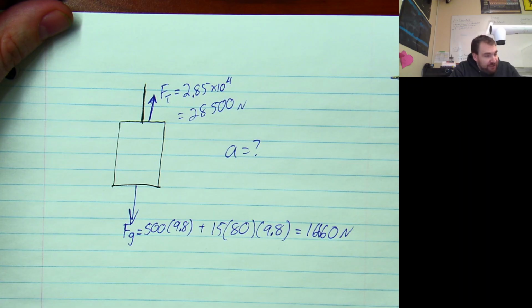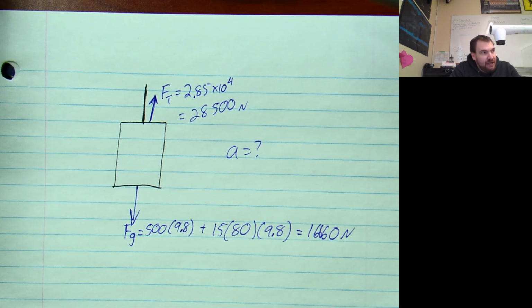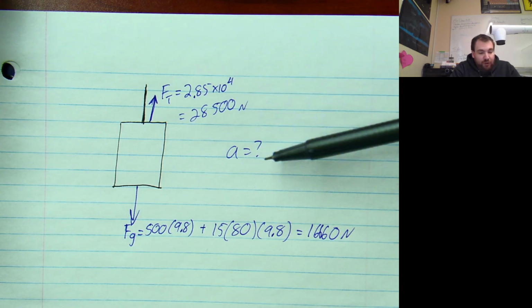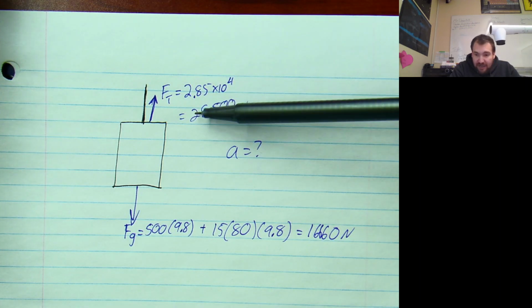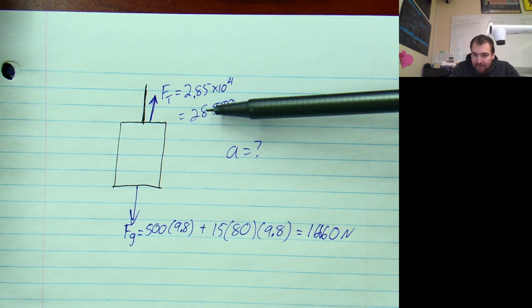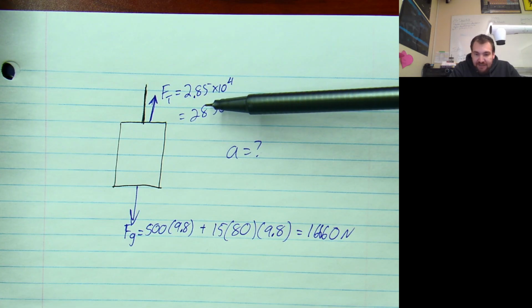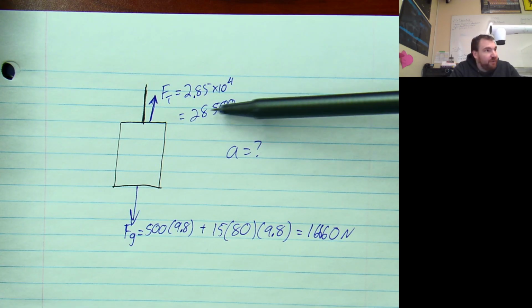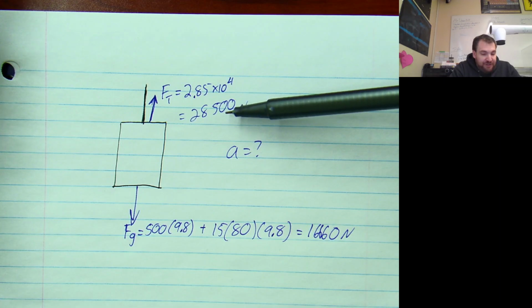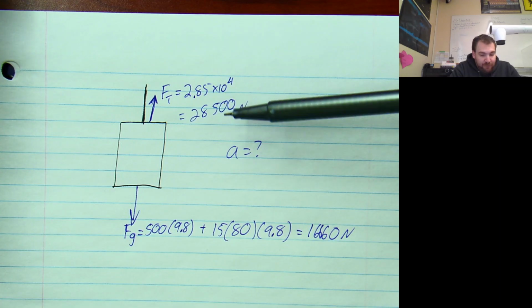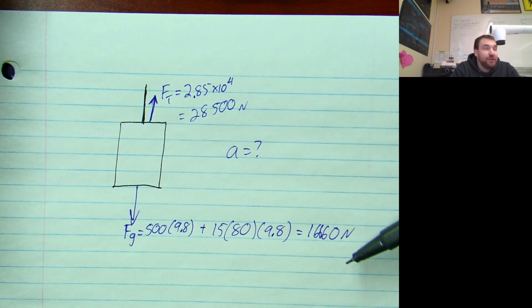And I want to know the maximum acceleration. Now, the maximum acceleration is going to involve the maximum possible tension force. So we're going to assume that the force of tension is this maximum force. And for this thing to exert this maximum force, this thing's going to be accelerating which way?